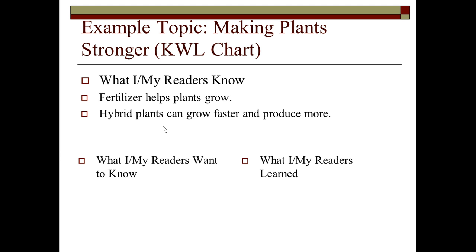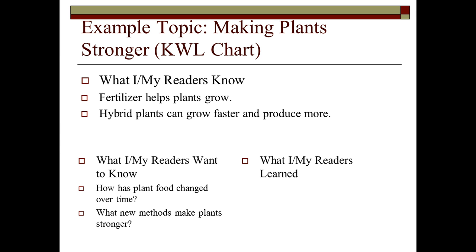I'm just thinking about what I know and what I would like to know about my topic. Some things that I would like to know: how has plant food changed over time? What new methods make plants stronger? Those are 2 things that I'm very interested in. That's going to drive my research and really help me be focused with my research.